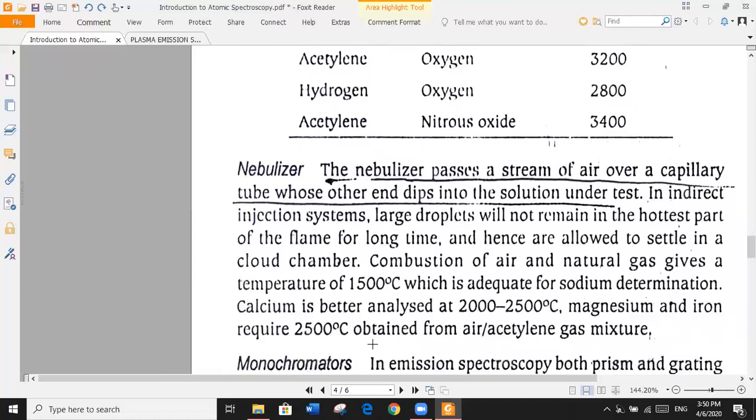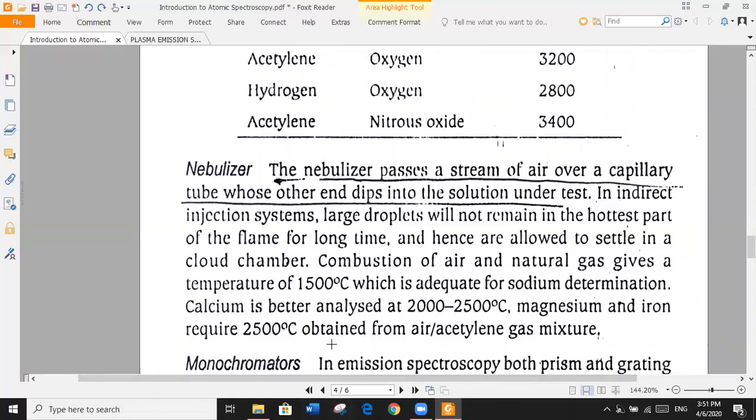Calcium is better analyzed at 2000 to 2500 degrees centigrade. Magnesium and iron require the same temperature, and for their heating, an air and acetylene gas mixture is used.